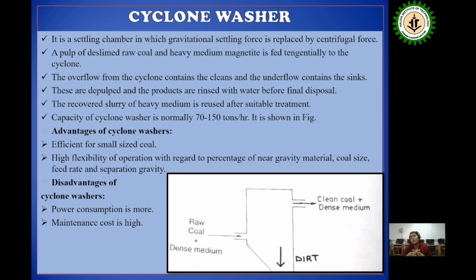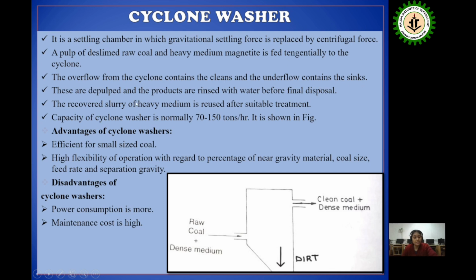In the previous type of washer, we have learned that it was based on specific gravity, and this cyclone washer is based on the gravity settling method. A pulp of deslimed raw coal and heavy medium magnetite is fed tangentially to the cyclone. The overflow from the cyclone contains the clean coal and the underflow contains the sink.